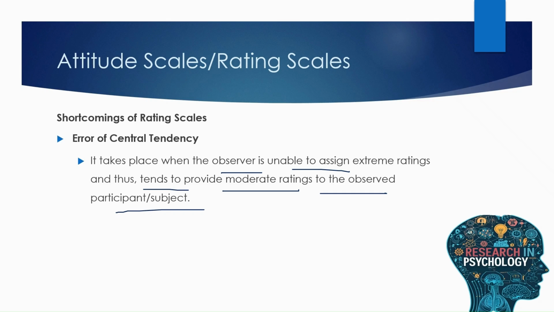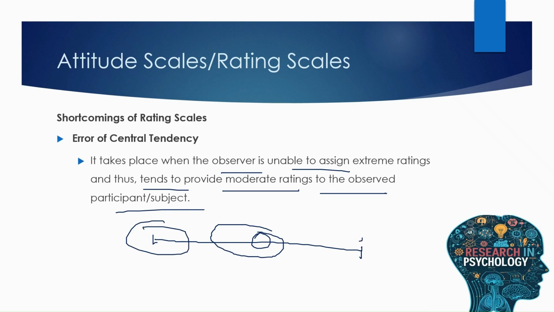Central tendency means among the middle. So if this is the rating scale, the person would always be choosing in this range. The person doesn't want to choose either from this side. This is called error of central tendency, which means if someone doesn't know about what they are being asked about or they are not interested in responding, they may choose a neutral response which is not going to help the researcher anyway, right?